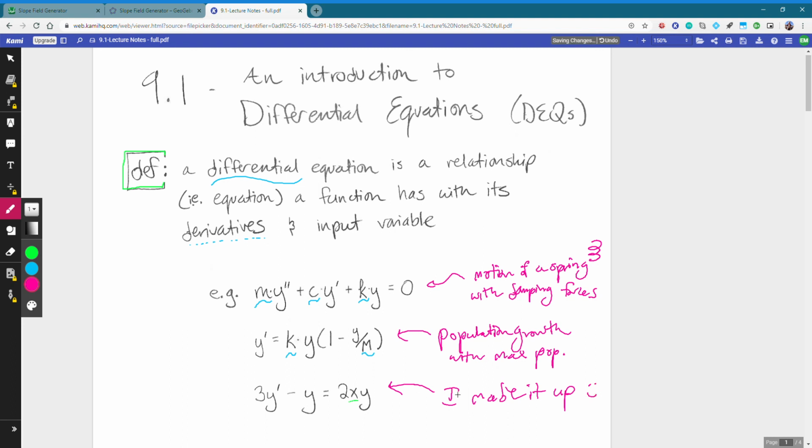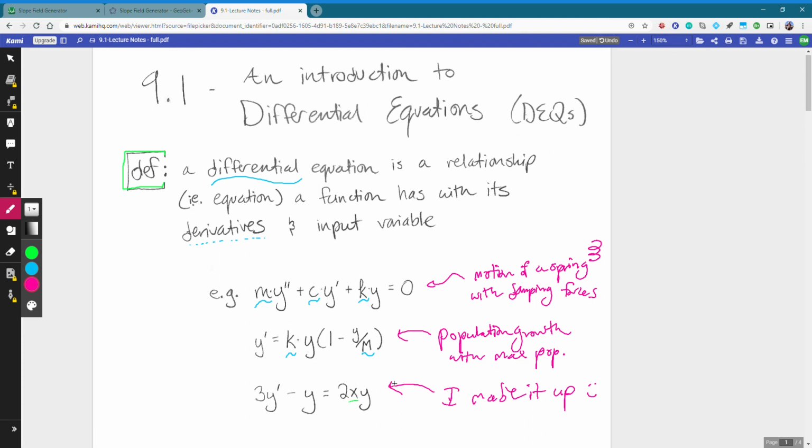It doesn't have to come from some physical context. It can literally just be some equation that we imagine and write down that involves our function. So we're imagining that y stands for some function, its derivatives, and maybe its input variable as well.